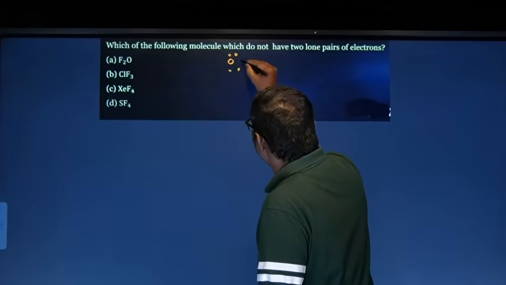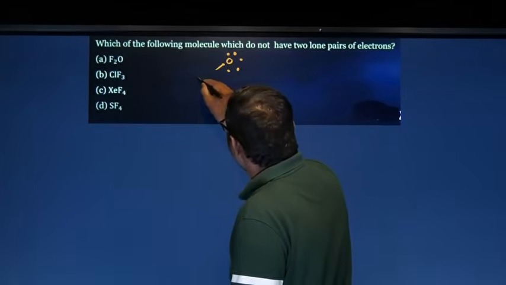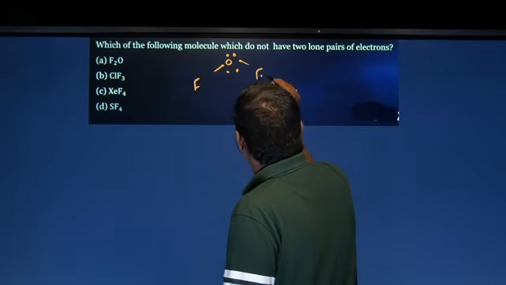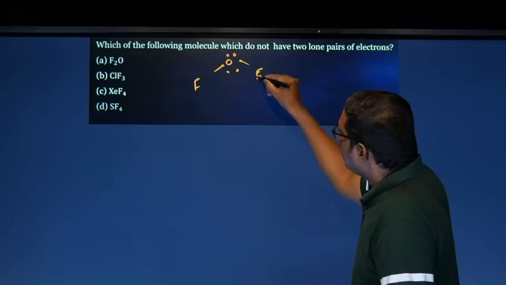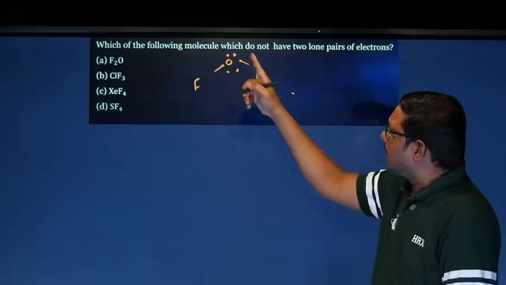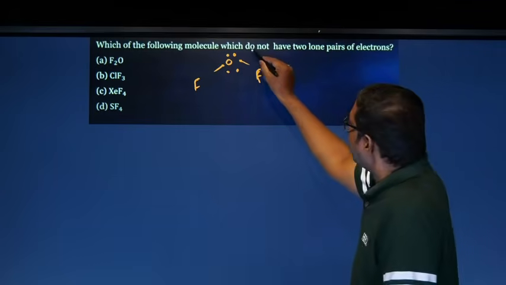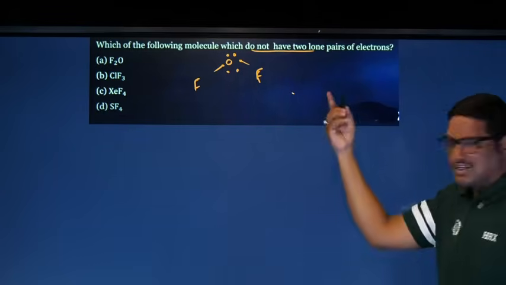Then I have 2 fluorines, and each fluorine forms 1 bond. That means it has 2 lone pairs and 2 bond pairs. Due to the presence of 2 lone pairs and 2 bond pairs, it has an angular shape. The question asks for the one that does not contain 2 lone pairs, and this one has 2 lone pairs.